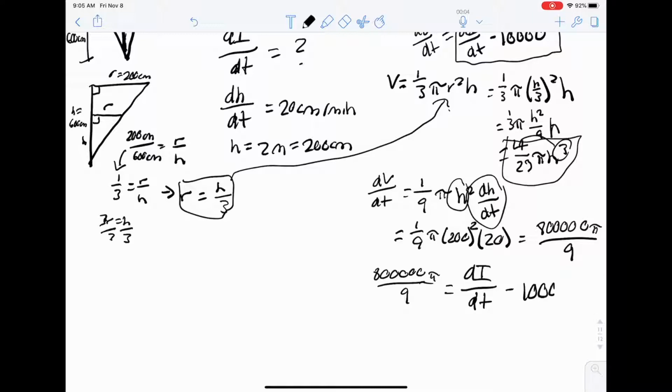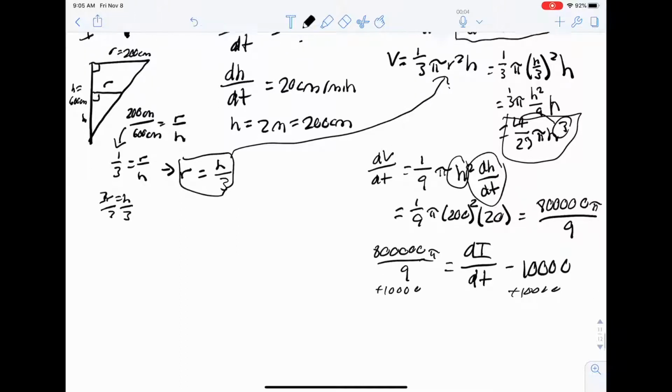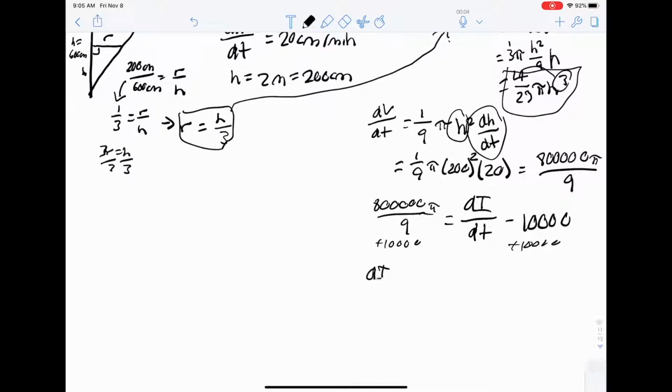Okay, from here, you can just add 10,000 to the other side. And that leaves you with dI over dt is equal to 800,000 pi over 9 plus 10,000.